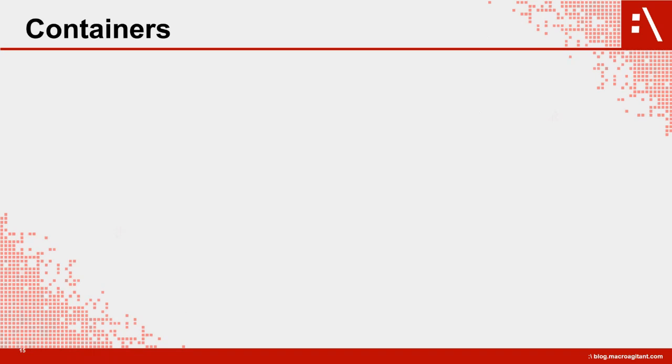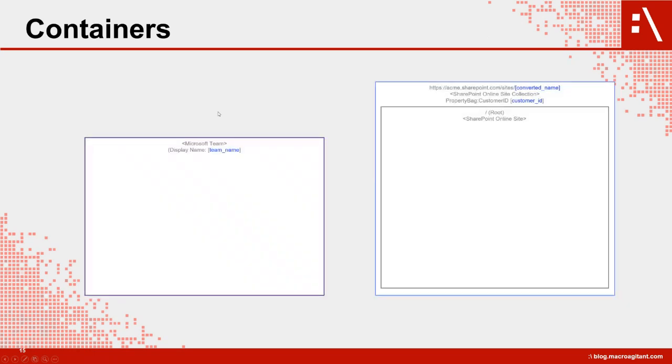So when you listen to Microsoft talk about labeling and classification, they'll use the term containers to refer to the things that the label can be applied to. So right off the bat, our customer site is a Microsoft team. Now, where you see the blue sections there, those are attributes, if you like, of the target state. So we make use of customer ID, we make use of team name, and we have this concept of a converted name.